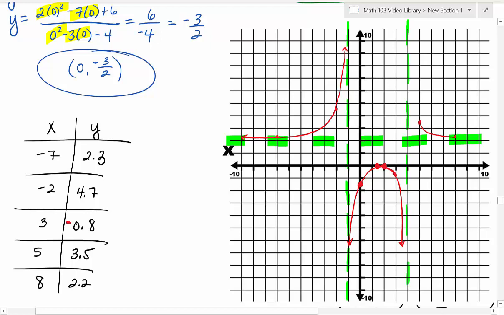So the left end of this portion will tend towards our vertical asymptote, and the right end of this portion of the graph will tend towards our horizontal asymptote. So there we have the graph of g of x equals 2x squared minus 7x plus 6 over x squared minus 3x minus 4.